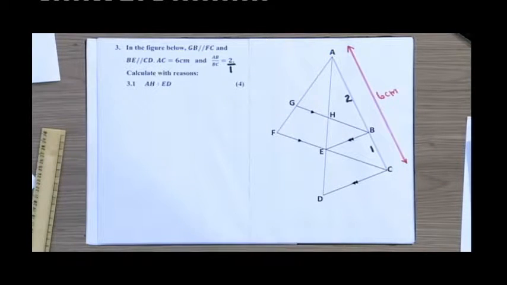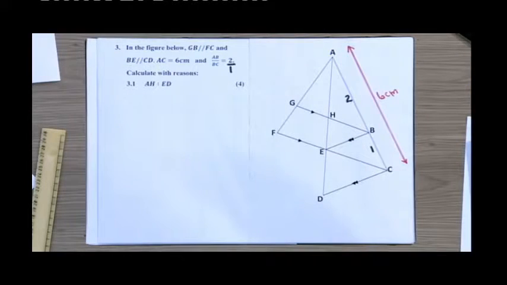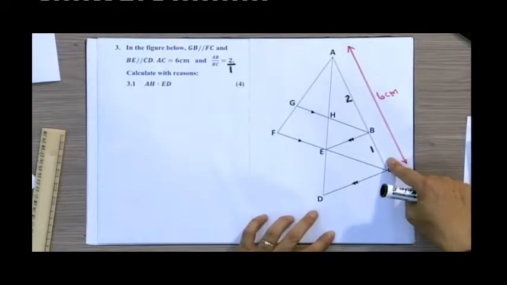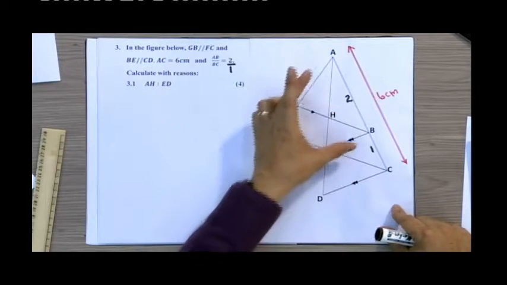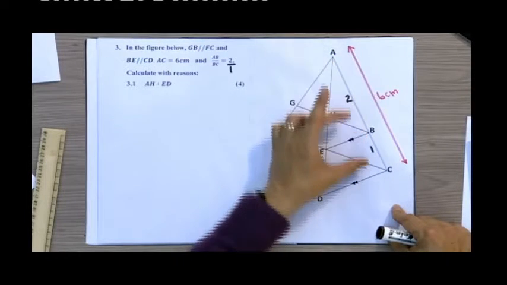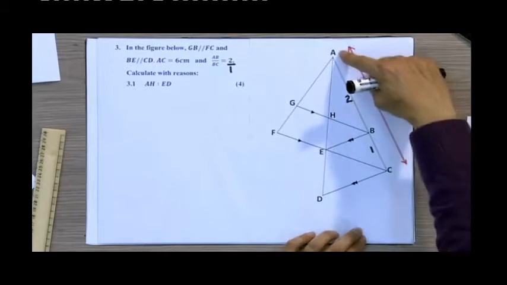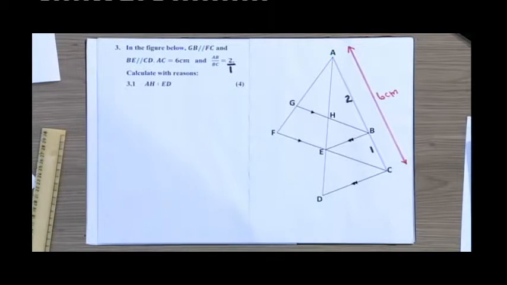Now if I have to write that in terms of centimeters, AB versus BC, can you guys send me quickly that answer? If AC is 6 centimeters, but AB, according to BC, has a ratio 2 to 1. Can you see that one is double that one? Then what are the centimeters of AB and BC? While you think, let me just look at what they ask.